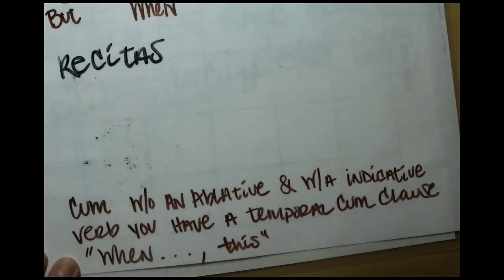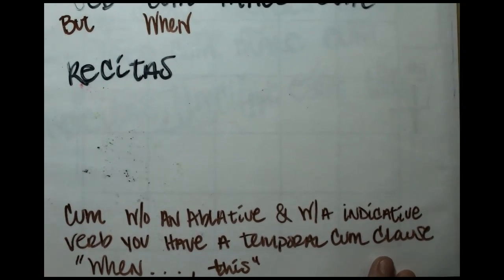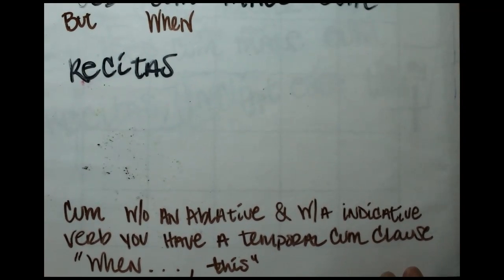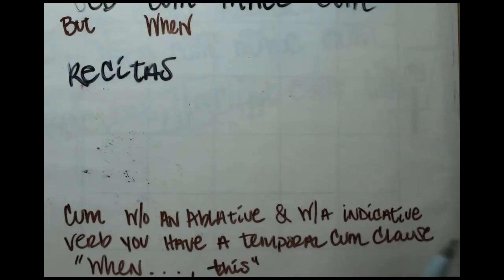It's not quite a result clause, because the result clause requires different grammar. It's not an if-then statement, because that requires protasis and apodosis. It's just a temporal, when this, when this is.